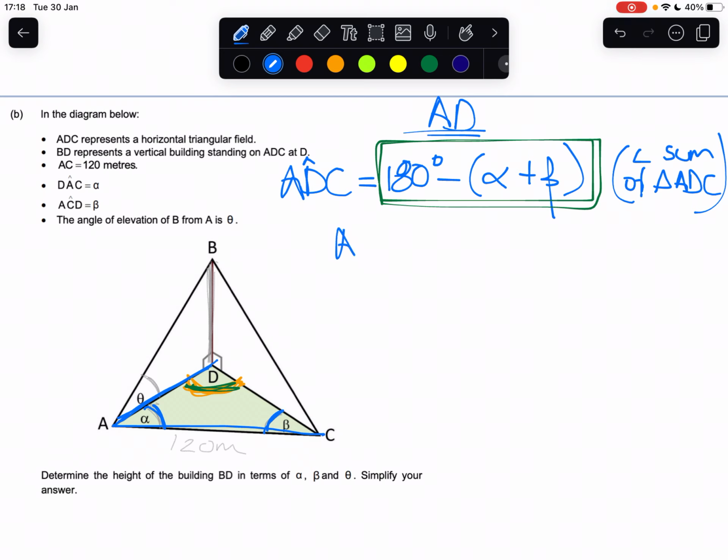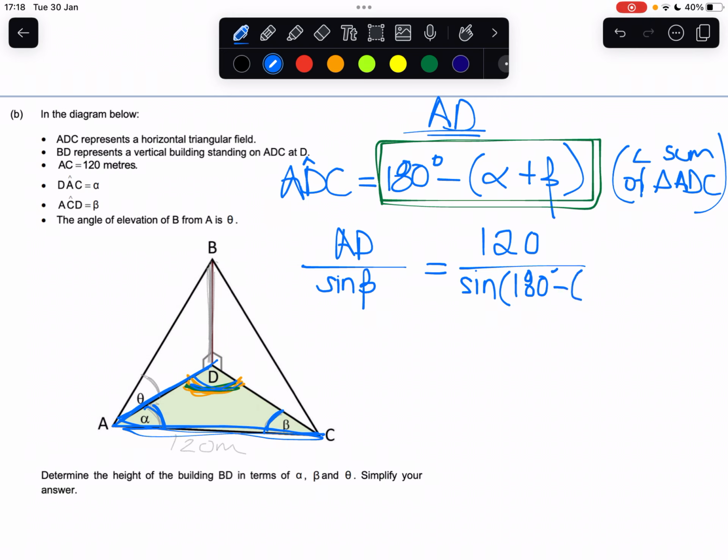So AD over sine beta is equal to this guy, AC, which is 120, divided by sine of this angle. So sine of 180 minus alpha plus beta.